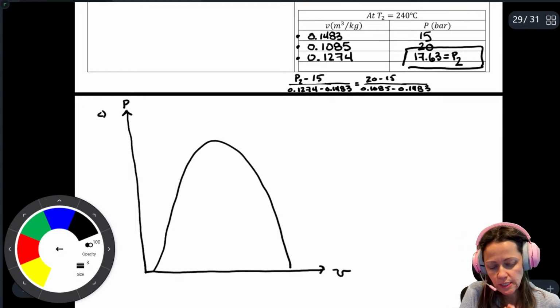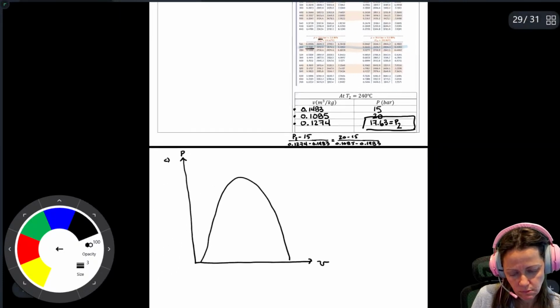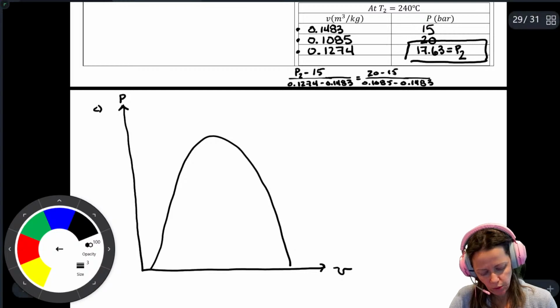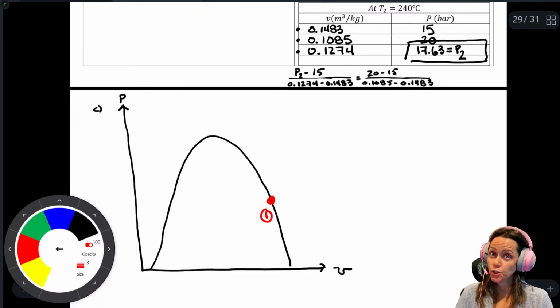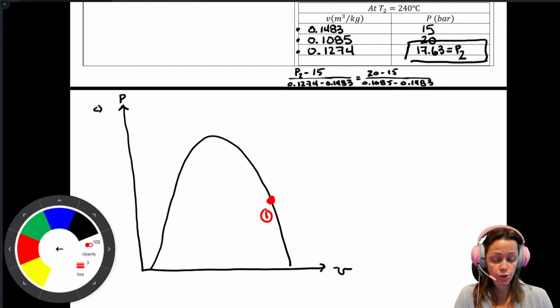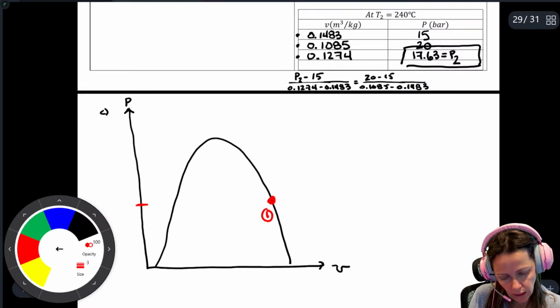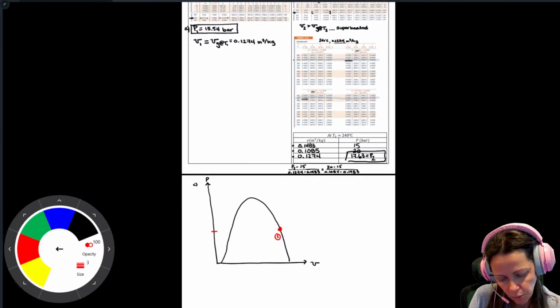All right, so this is not a constant pressure process. It was a constant volume process. State 1 was right on that saturated vapor line, and state 2 we found was in that superheated region. So, just to keep it reasonable, 15.5 bar.